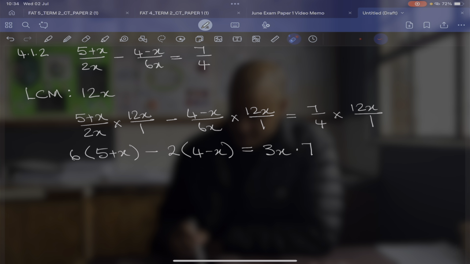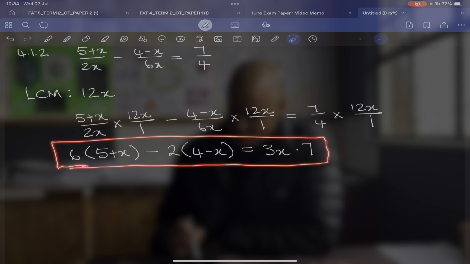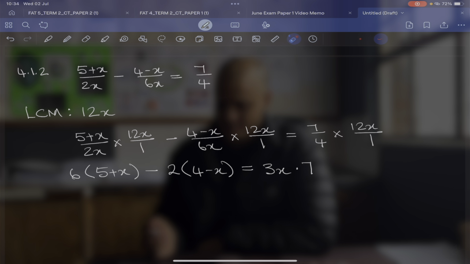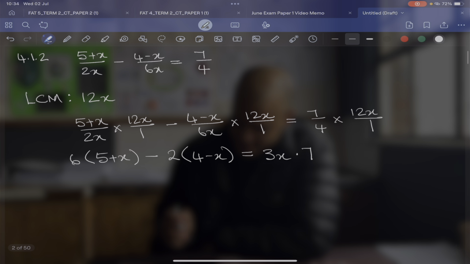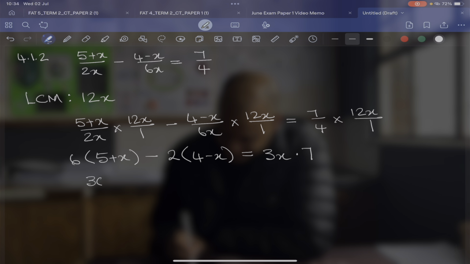So what I've got here now is a linear equation, which is a lot nicer to work with than what we started off with. We do not want to work with those denominators. So we have a straightforward linear equation, and we need to just multiply this out, add up like terms, and get a simplified answer. So here I've got 6 times 5 is 30.